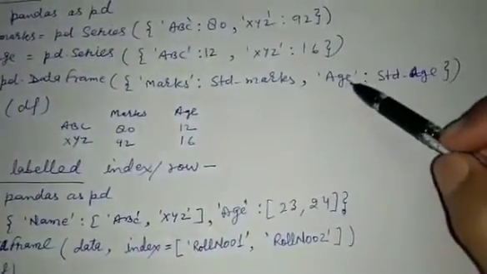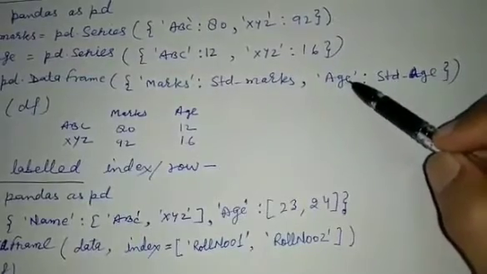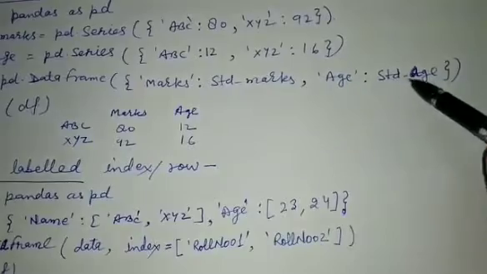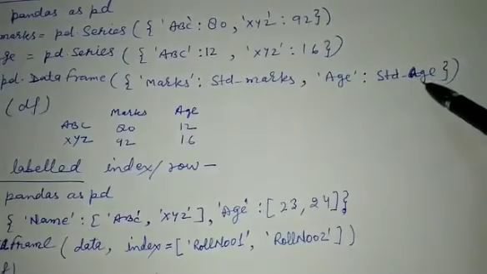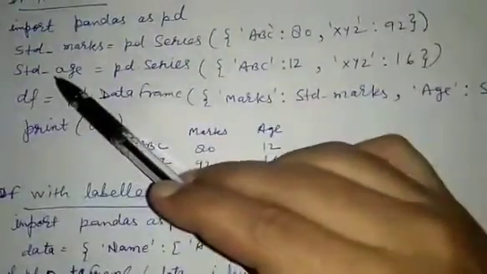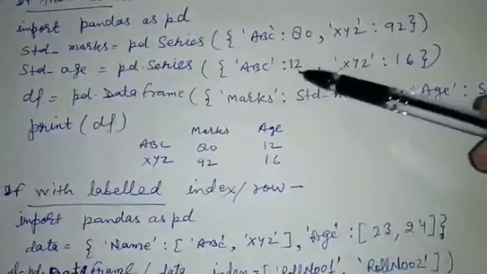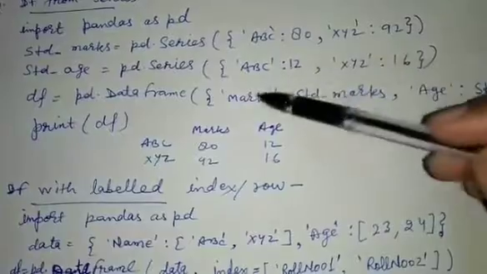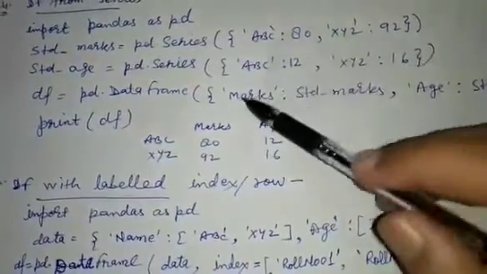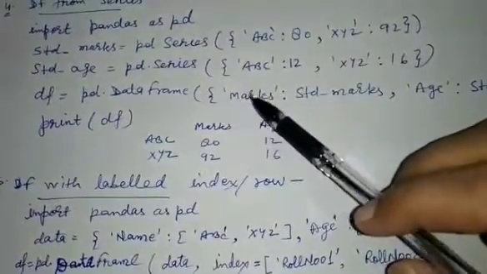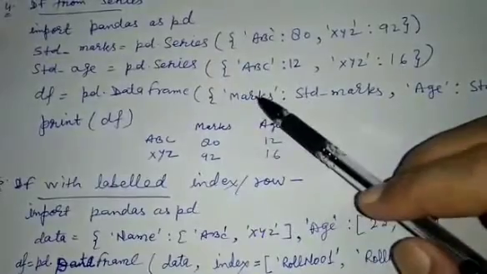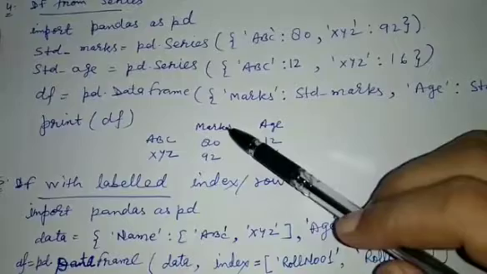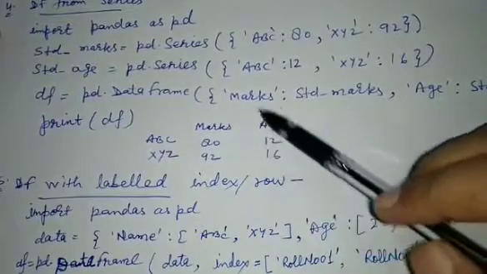The second column is age. The key is age, and the value it will derive from the std age series we have created above. So values will be retrieved from here, and the field headings will be these two. As I already told you, the dictionary's keys will be taken as the names for the columns.